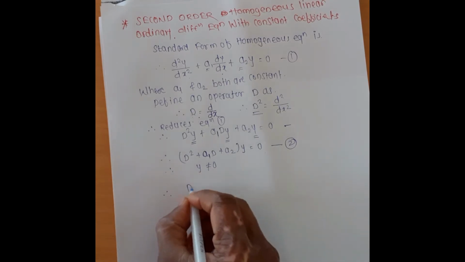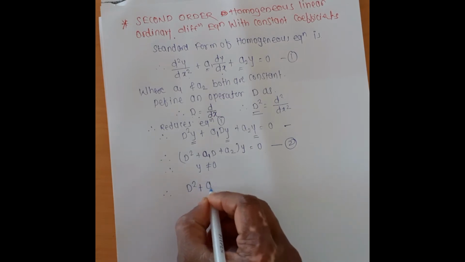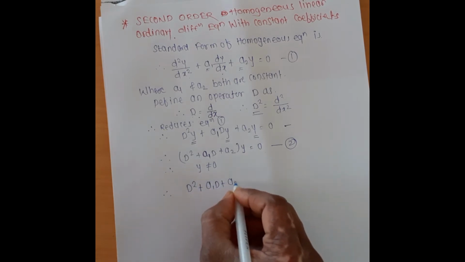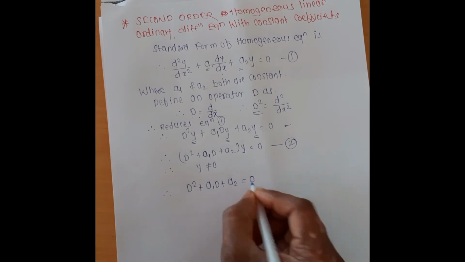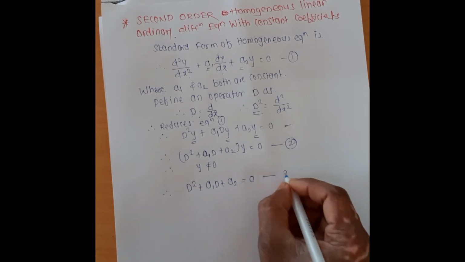So we write D square plus a1 D plus a2 is equal to 0. This is the next equation.